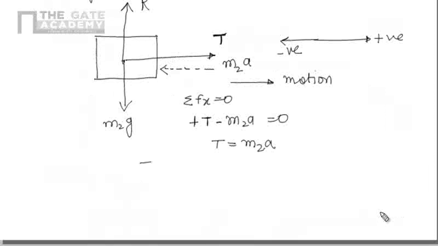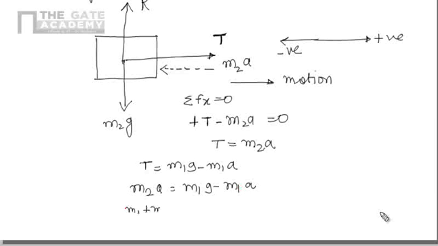Let's take the equation T equals m1g minus m1a. Now put the value of T, that is m2a, equals m1g minus m1a. So now (m1 plus m2) a equals m1g.